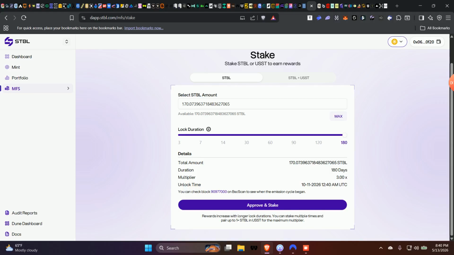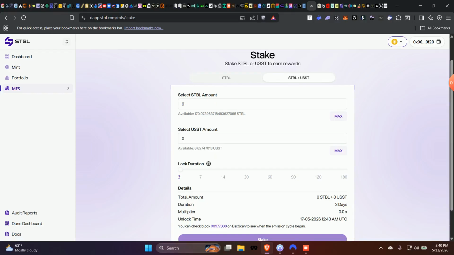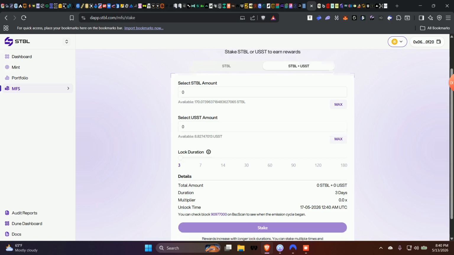All right. Now, what if we did STBL and USST, thus creating a liquidity position? All right. Now, mind you, you still got the yield accruing over in the other section we just left. But let's just say I got a teeny tiny bit in my wallet here.